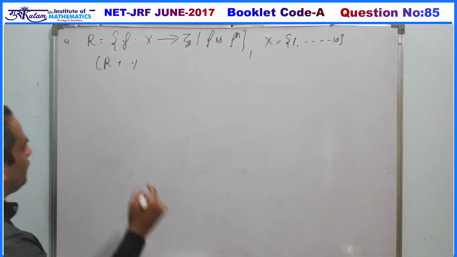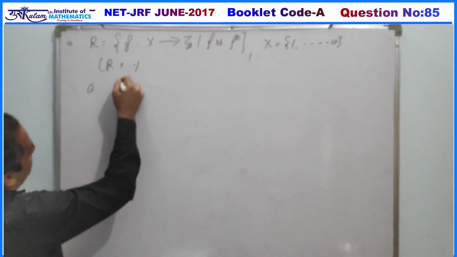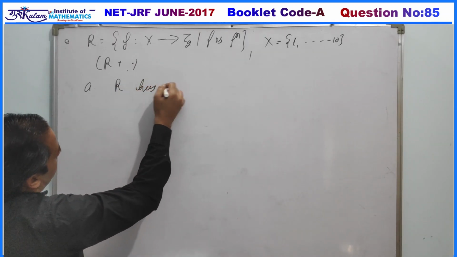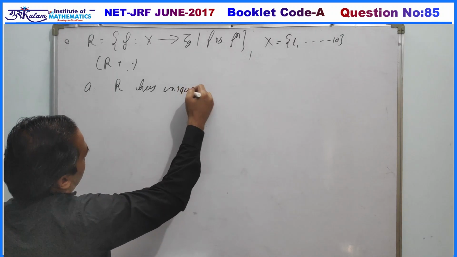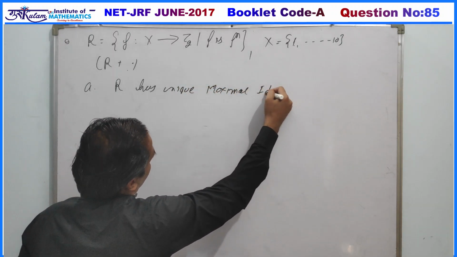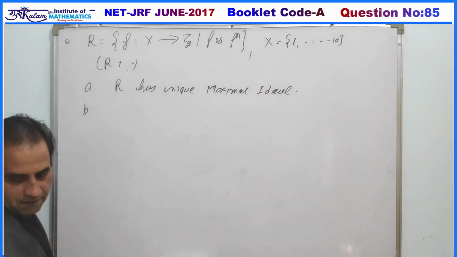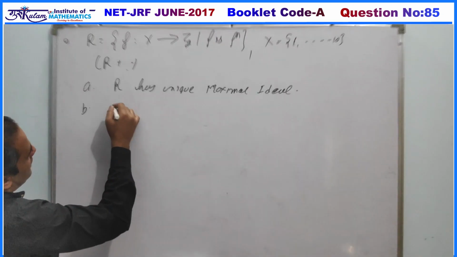Then we have to identify. The first option is R has a unique maximal ideal. The second one is every prime ideal of R is a maximal ideal.